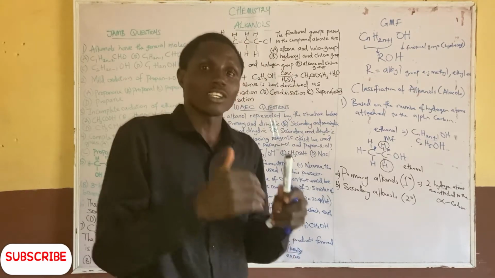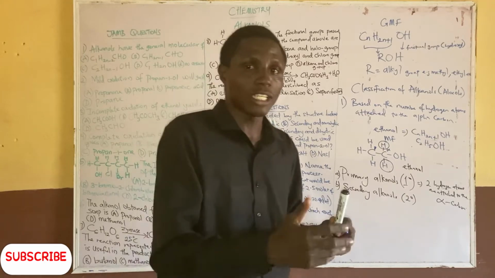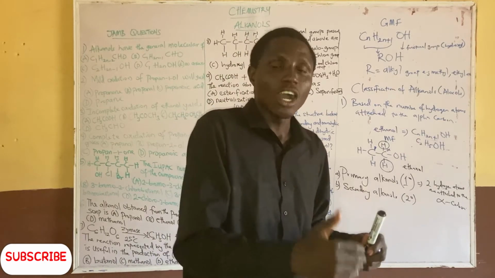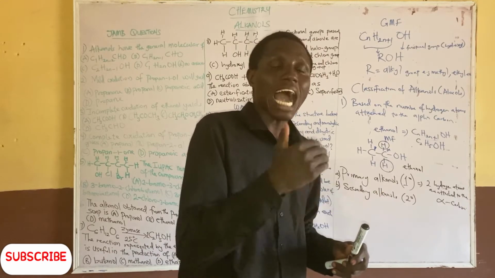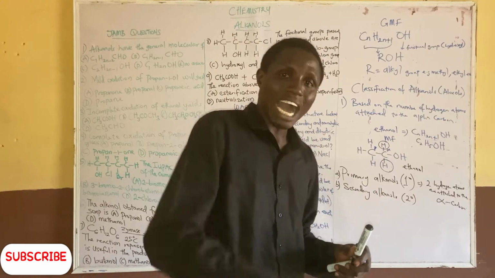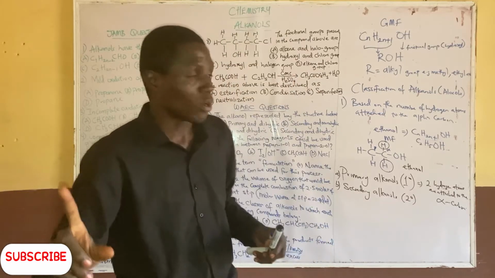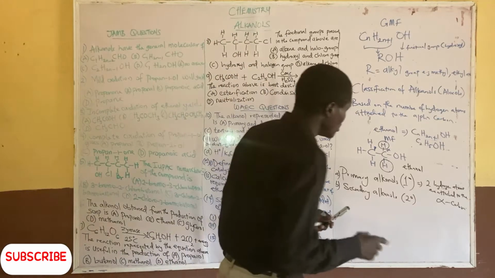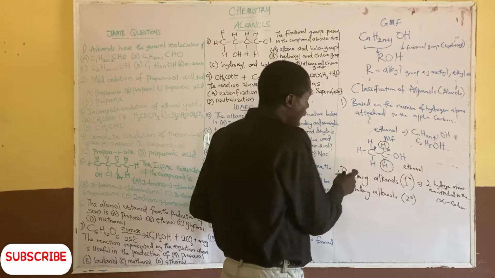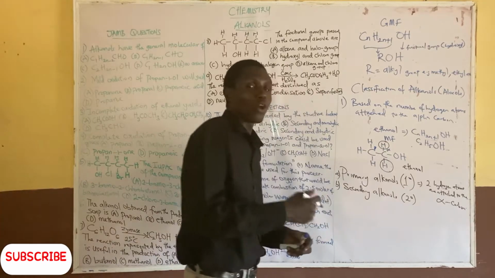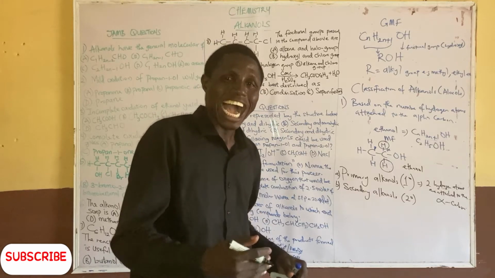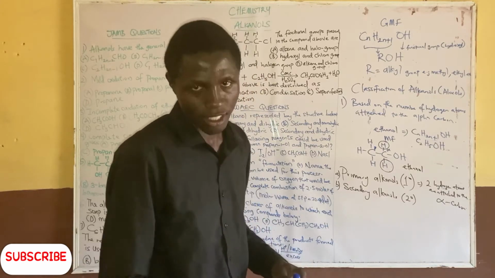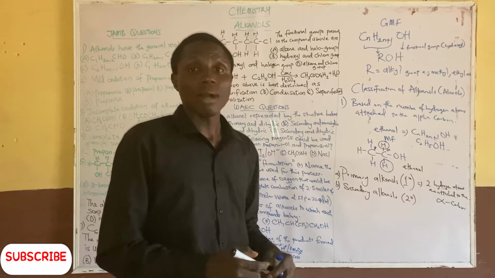That is the mild oxidation, that is when they first oxidize, they oxidize to alkanal. While on further oxidation, primary alkanols oxidize from alkanal to alkanoic acid. What I am saying is that primary alkanols undergo oxidation to form alkanal and alkanoic acid. That is primary alkanol for you.